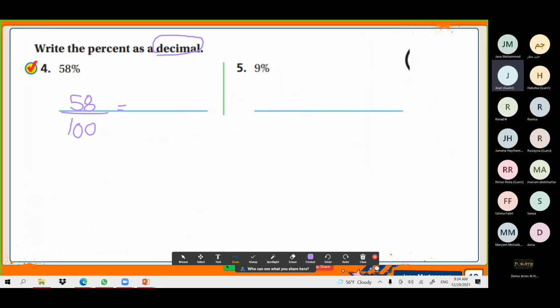Then you will write the decimal point, 0 point, 2 digits. Then 8 is here and 5 is here. So it will be 0.58. Or you can say the decimal point is here, move it 2 digits. So it will be 0.58 as you want.